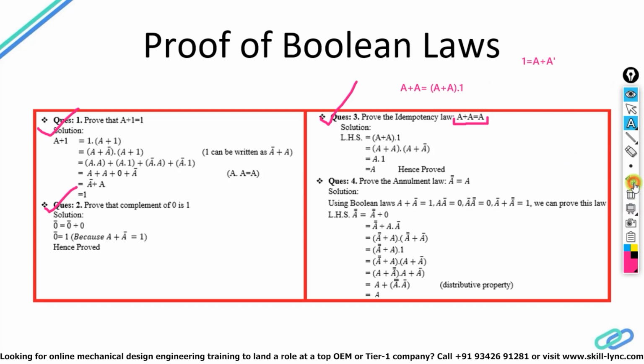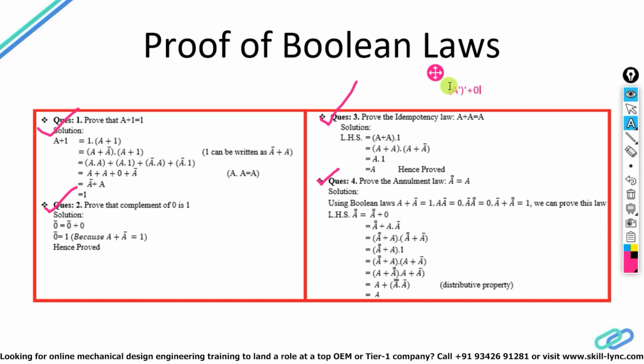Okay. So let's move further. Next is the annulment law, that is A double bar equal to A. Now we will prove it. Again, I'm just starting with the LHS, that is A double bar.